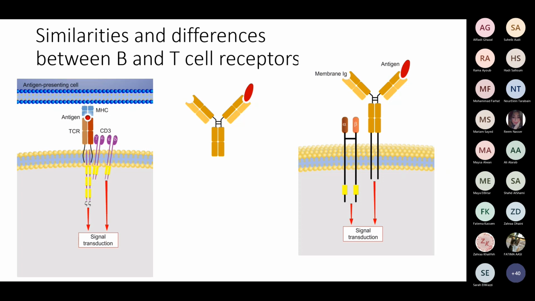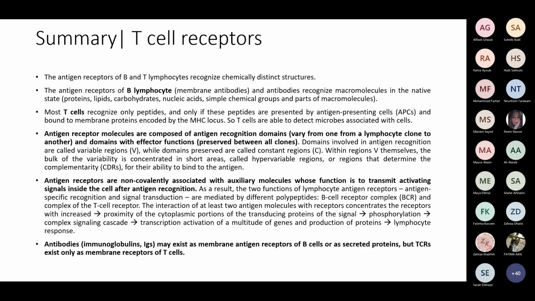Good memory. So let's see the summary now. The antigen receptors of B and T lymphocytes recognize chemically distinct structures. Normally, as you saw, it's not only free or soluble antigens, but also the chemical structure of the antigens for B cells and T cells is not the same.